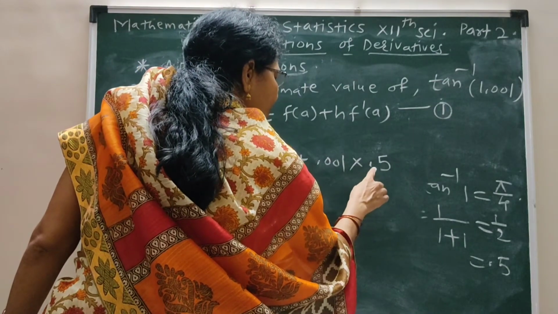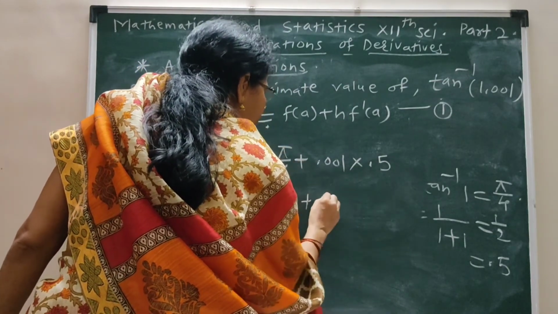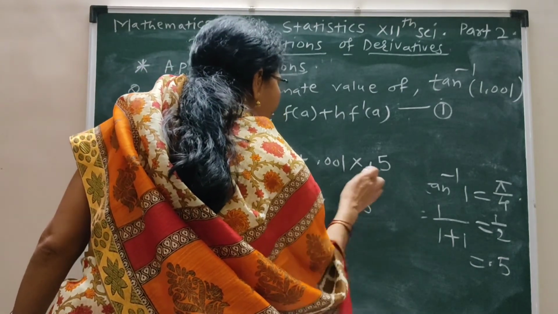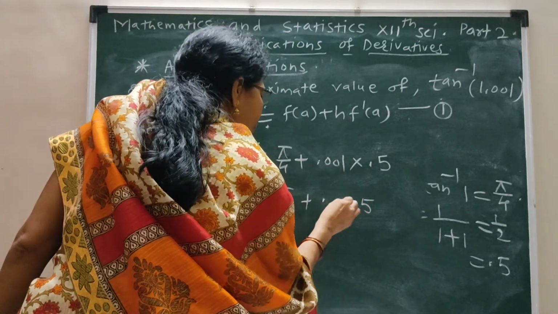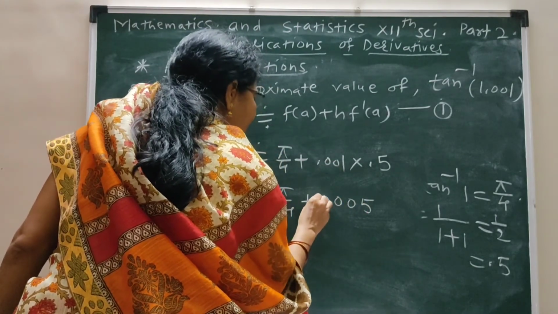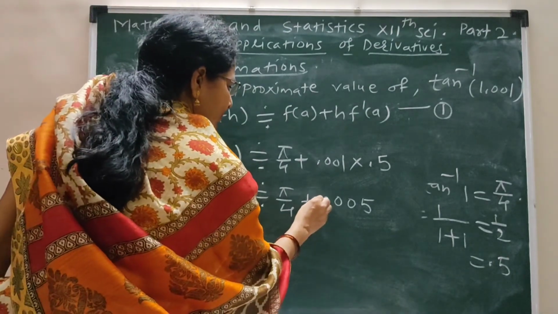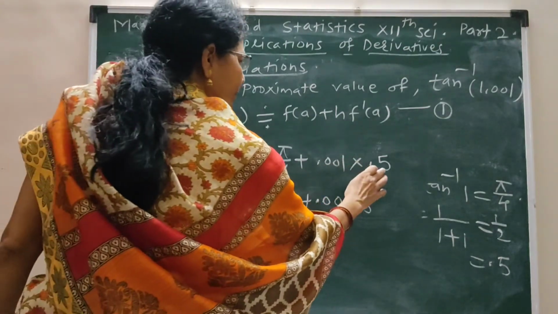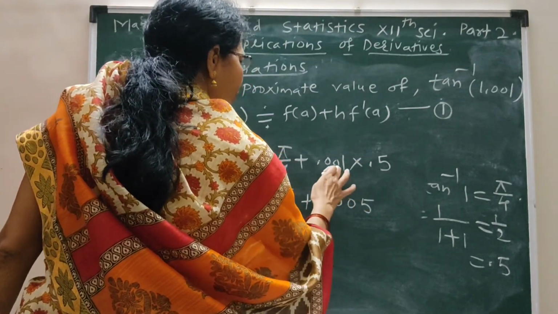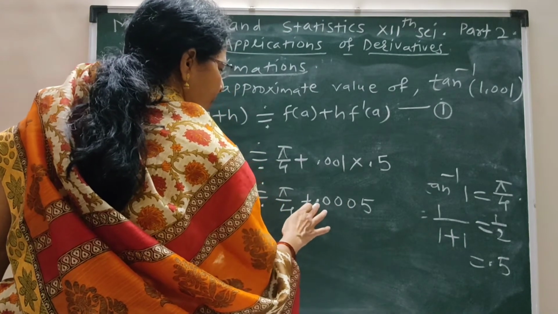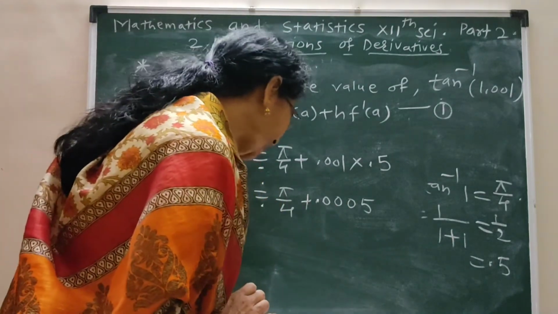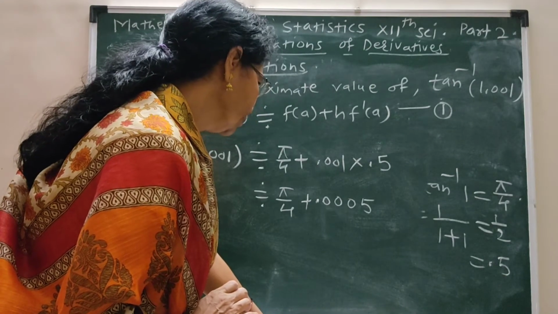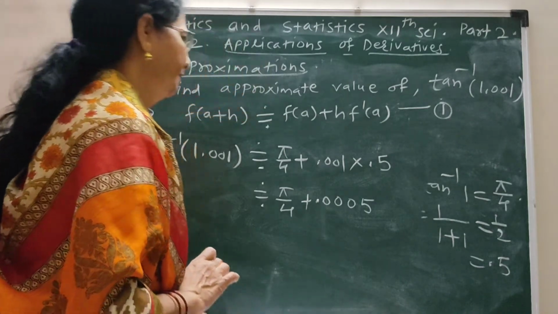The product is 5, with four decimal places, so 0.0005. This is the answer: pi by 4 plus 0.0005.